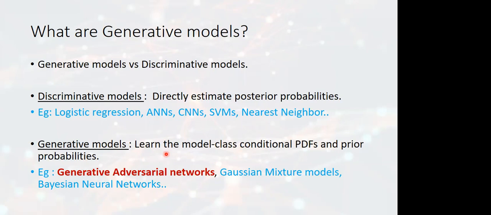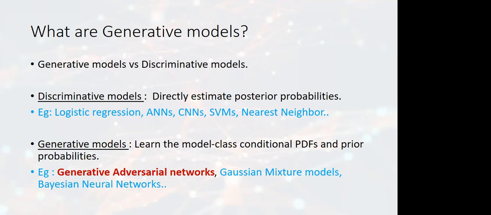Once you have the conditional PDF and prior probabilities, you can know the distribution of the variables you are dealing with. Examples of generative models would be generative adversarial networks, Gaussian mixture models and Bayesian neural networks.